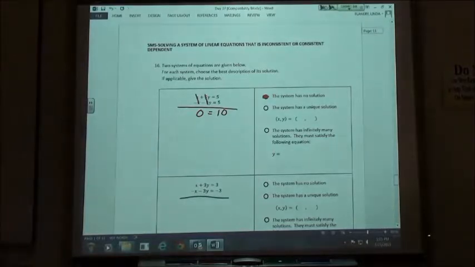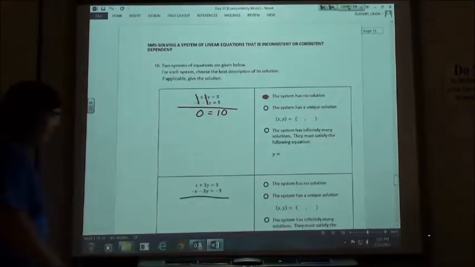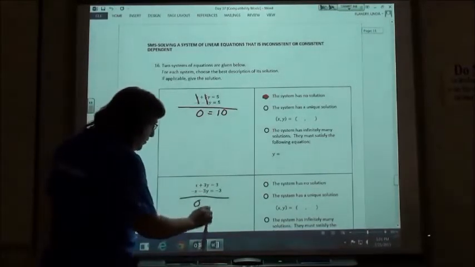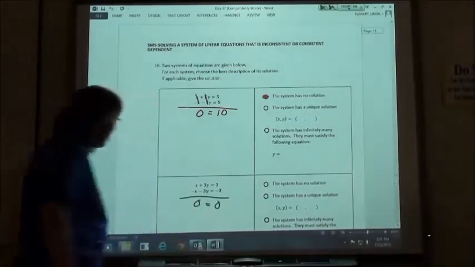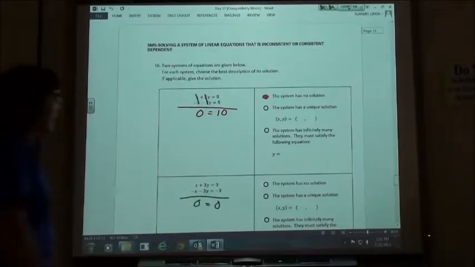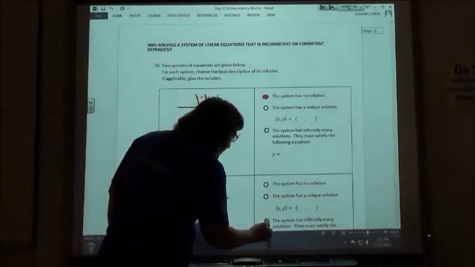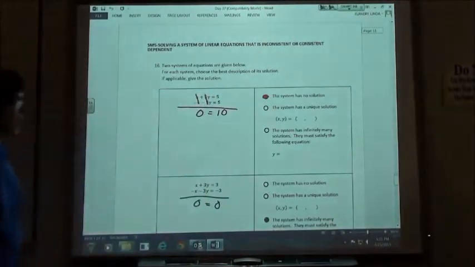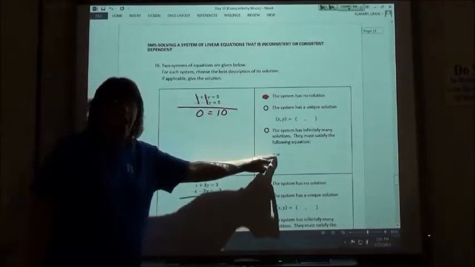If I solve the next one, I get 0 plus 0 equals 0. So 0 equals 0. That tells me that this system is going to have infinite many solutions, and although the bottom of that is cut off, when you have that for a solution, they're going to make you rearrange one of the equations, which should be the same equation, and solve it in terms of y.